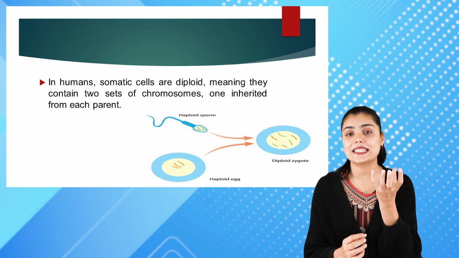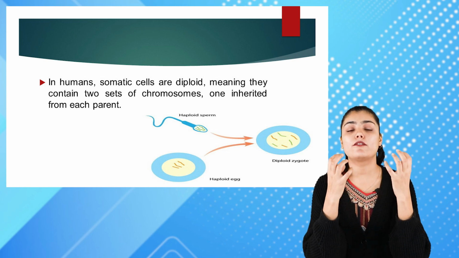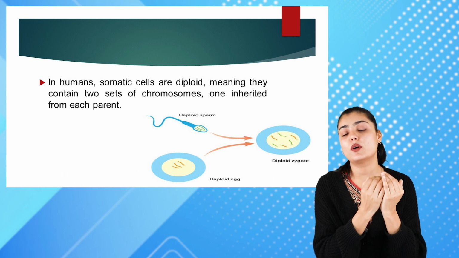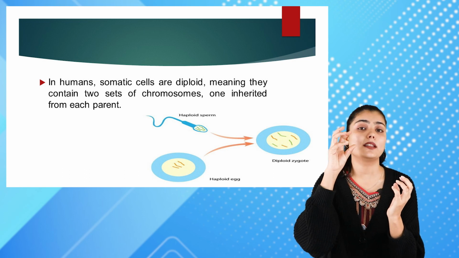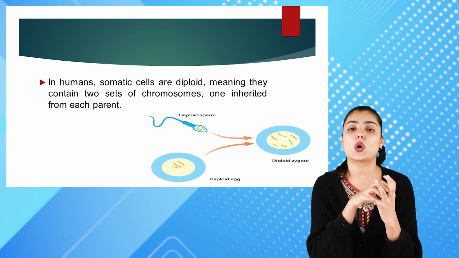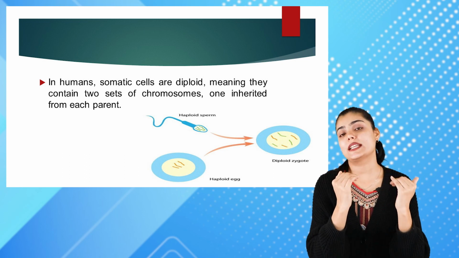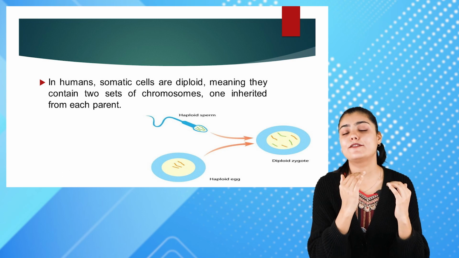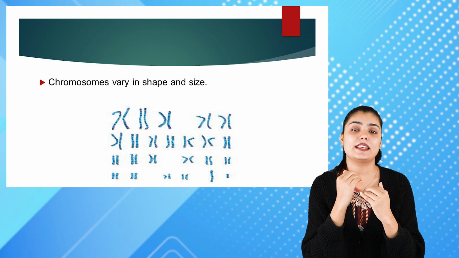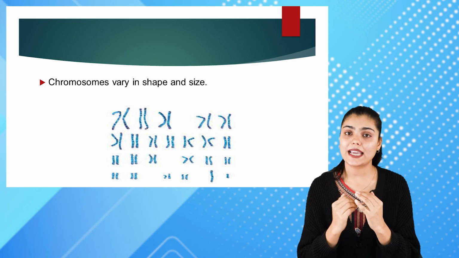So a somatic cell undergoes mitosis and forms the daughter cell. In the daughter cell, we have the same number of chromosomes as the main mother cell. The chromosomes present in the daughter cells are two sets of chromosomes, one inherited from each parent. Chromosomes are different; they vary in their shape and also in their size.